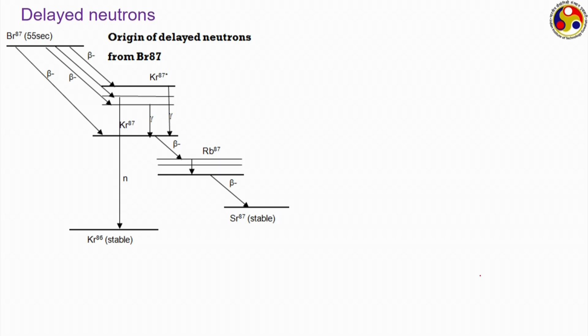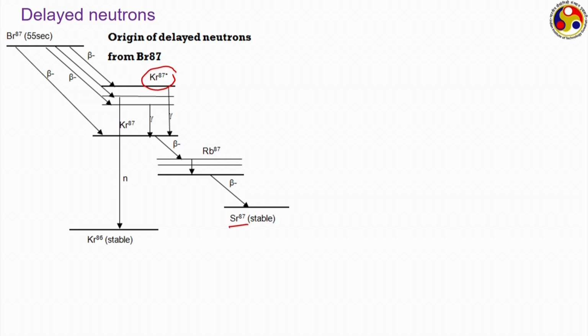Like one chain is shown here for bromine 87, it has a half life of about 55 seconds. Now, during its decay commonly it produces krypton. Now, krypton again there can be several kinds of isotopes, like if we consider this one where krypton 87 star means it is an excited krypton 87, then it can undergo a gamma decay to come back to just normal krypton 87, and then it can go through 2 levels of beta decay to finally reach Sr 87.